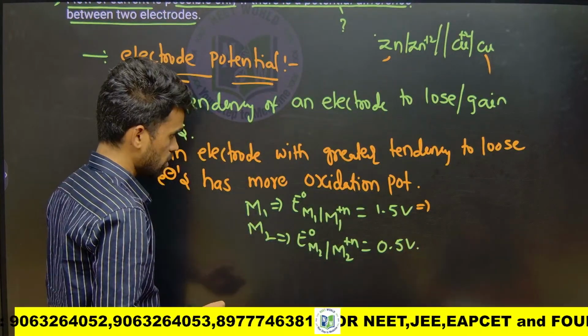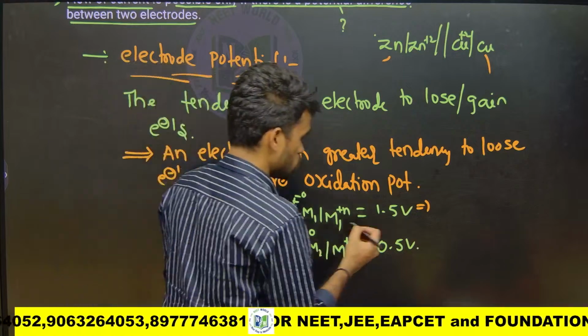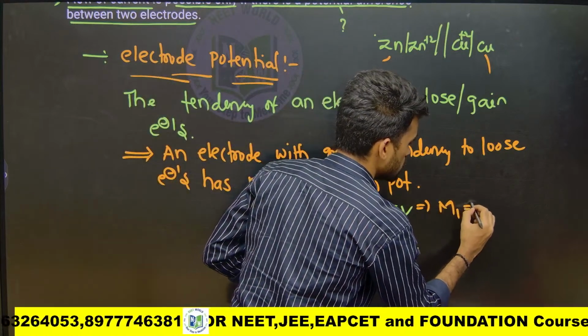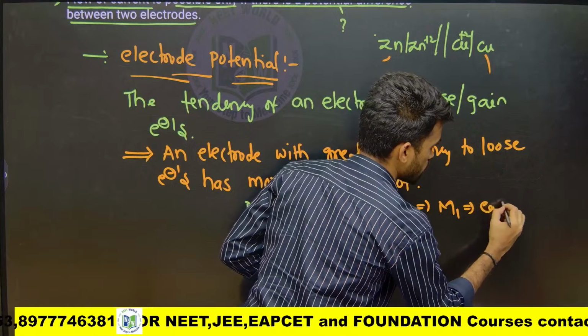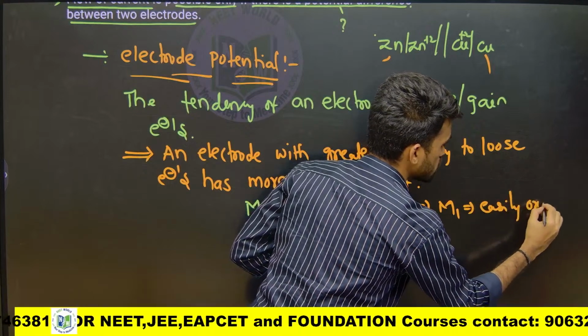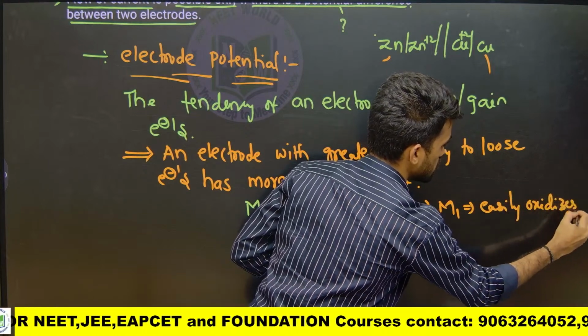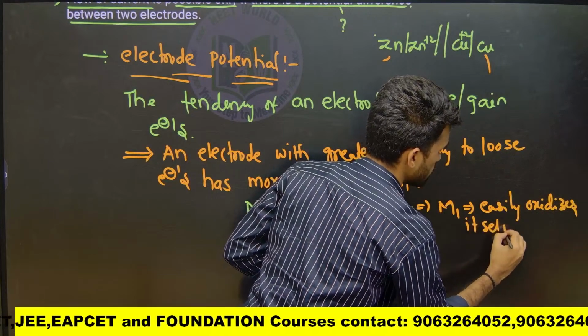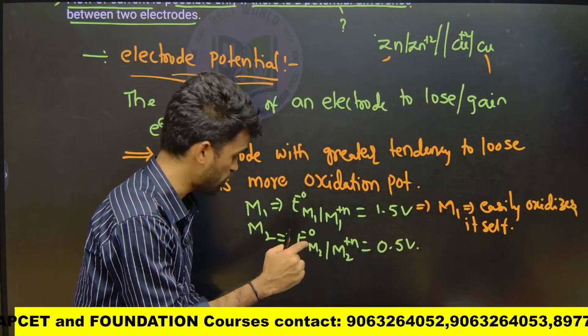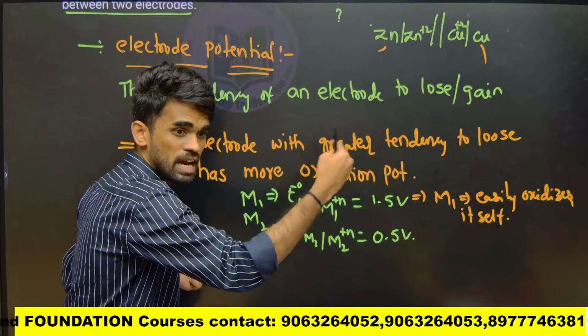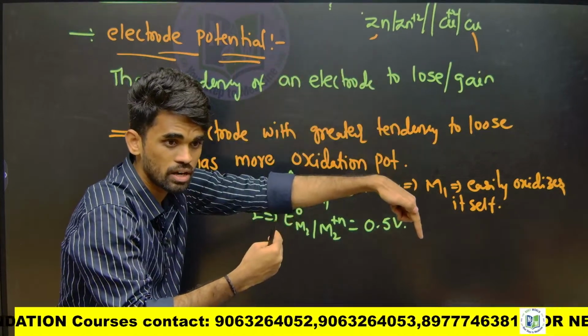M1 is a reducing agent. M1 easily oxidizes itself. Since it oxidizes itself, whatever reacts with it will undergo reduction.